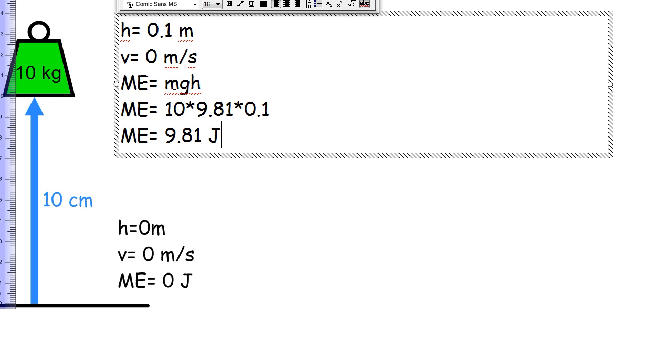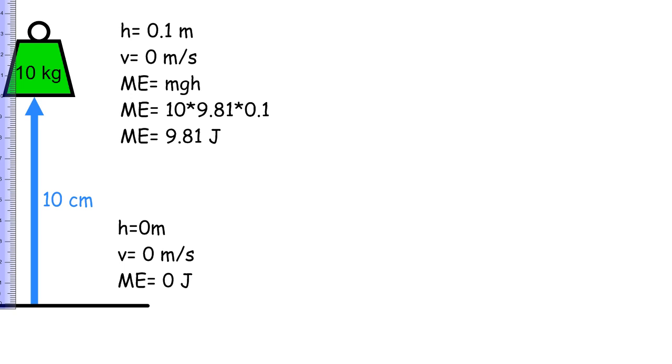All right, so if we look at this, we see that down here at the bottom, this mechanical energy is 0 joules. We also see that at the top, whenever I lifted the block up, it now has 0.981 joules.